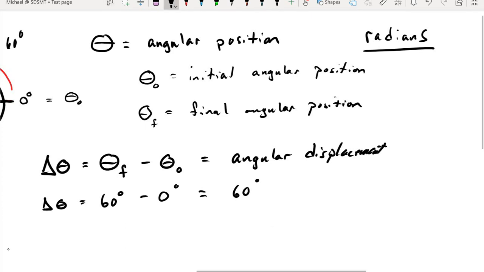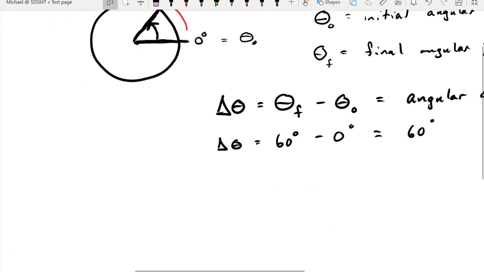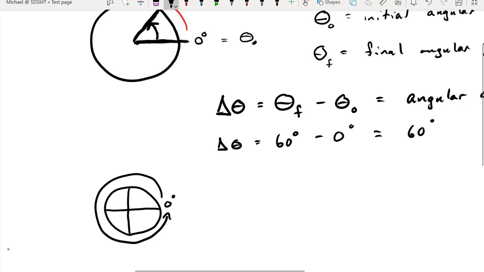And so if we go back to any circle, and we can either do this with a full circle or a half circle, but I'll just go ahead and use the full circle. For a full circle, we start at 0 degrees, we go all the way around, and that gets us to 360.